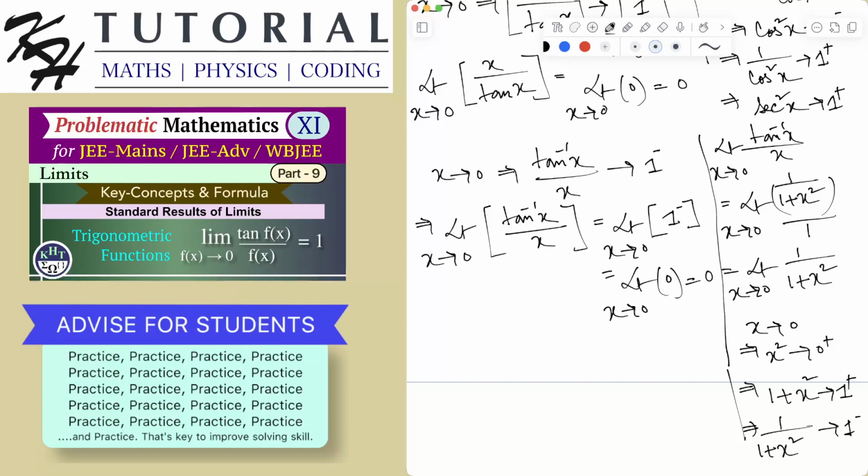So this result you must be very careful about, that the limiting value of box of tan inverse x by x when x tending to 0 is 0. But if the box was not there, then the limiting value would have been 1.